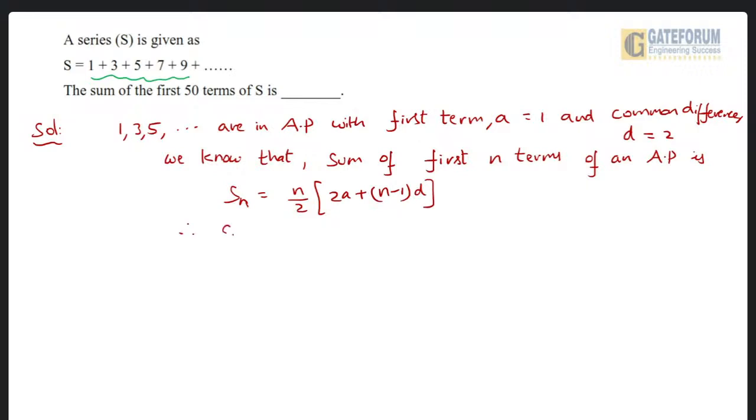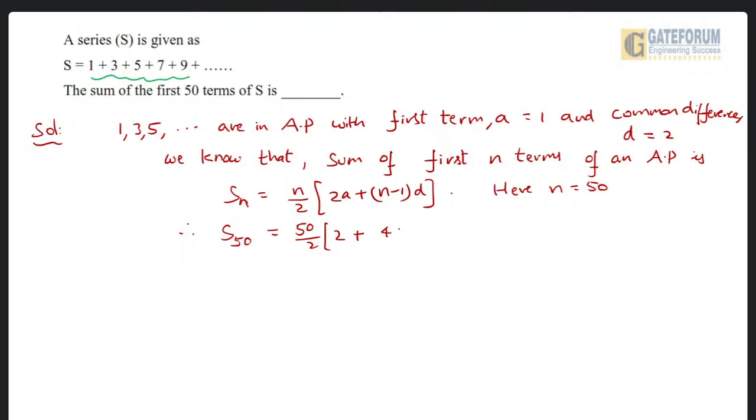So therefore, S50, that is the sum of the first 50 terms of the given series, is equal to 50 by 2 into 2 into 1 plus n minus 1 into d. Here n is equal to 50, the sum of 50 terms.